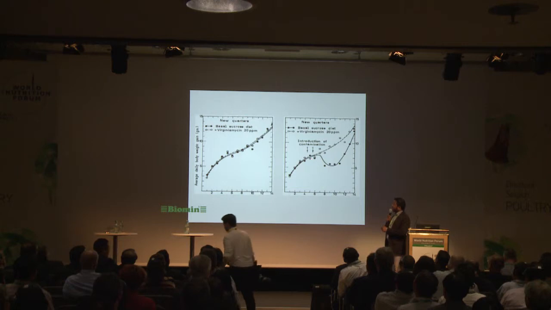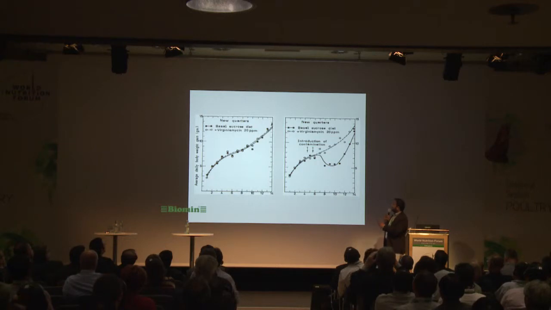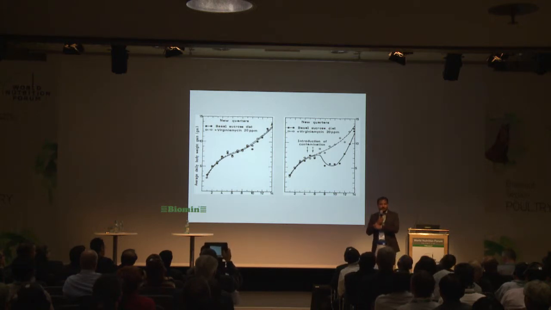But in the same experiment, in two other groups, contamination was introduced after the first week, and here you can see the drop in performance with the basal diet, while the birds fed virginiamycin, the antibiotic, didn't lose that performance.